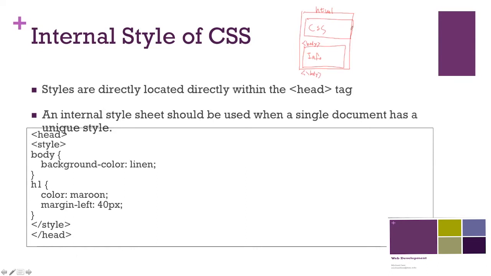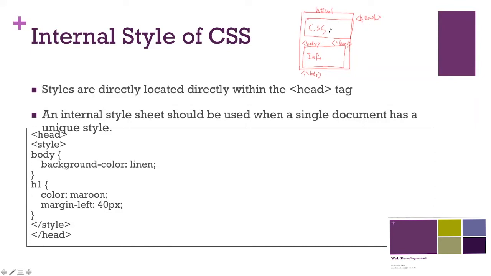So this CSS will go inside of a head section, head and here, closing head. In external CSS's case, this head section is where your declaration linkage between your HTML and CSS is located. But in this case, the actual CSS will be embedded in that head section.